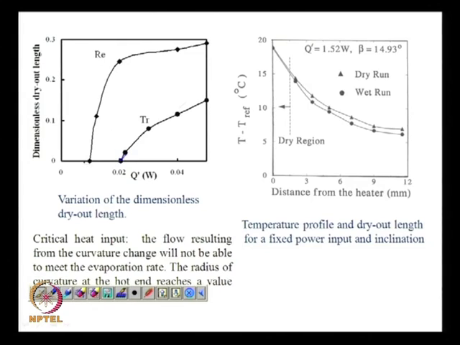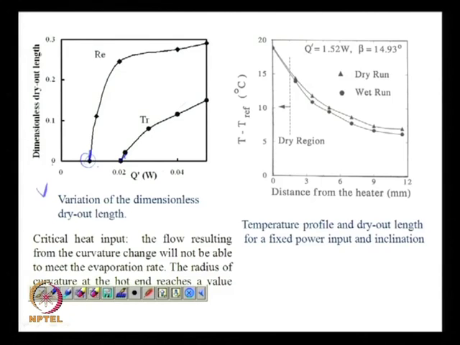Whereas, for about 0.1, we could see that there is formation of a dry spot. And even with 4 corners compared to 3 corners of a triangular heat pipe, the rectangular heat pipe cannot be operated beyond a heat flux of 0.01 watts. And the dimensionless dry out length increases rapidly as I increase the heat flux.